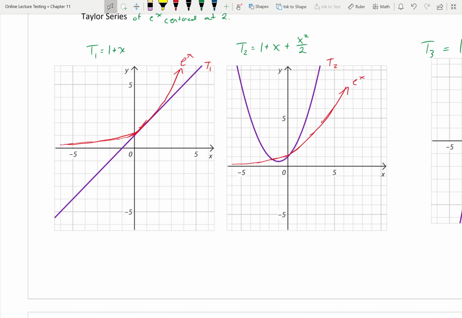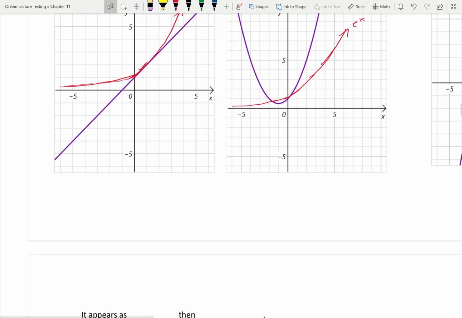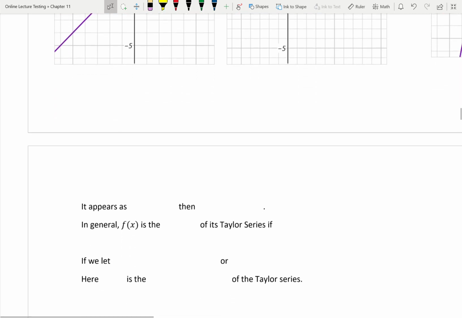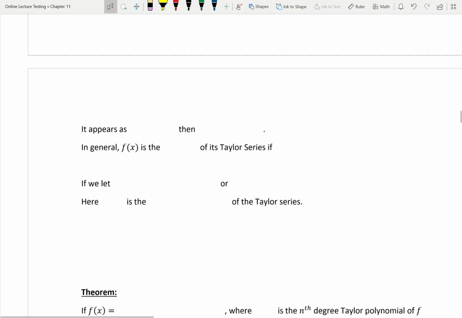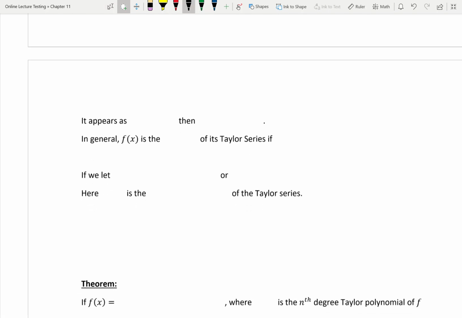All right. So the next thing is this leads us into what we call Taylor's inequality, which is going to be coming up here in just a second. But before that, let's talk about these graphs again. As n approaches infinity, we can start seeing that the nth degree Taylor polynomial, or the partial sum, is approaching e to the x.